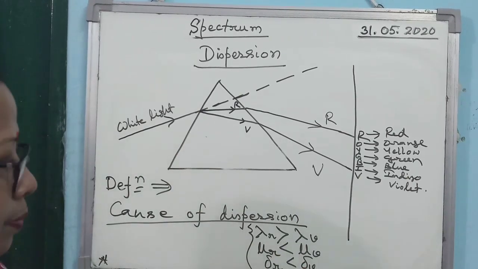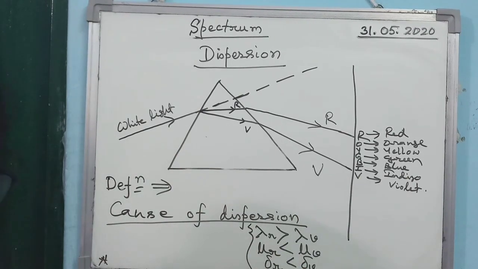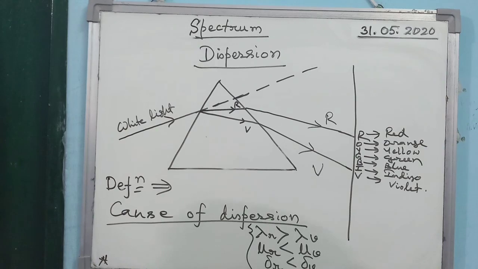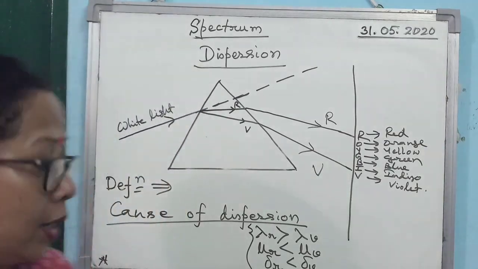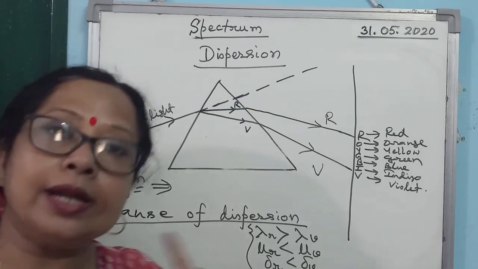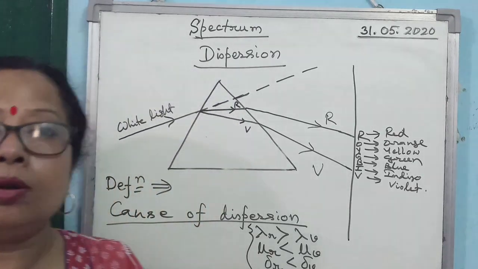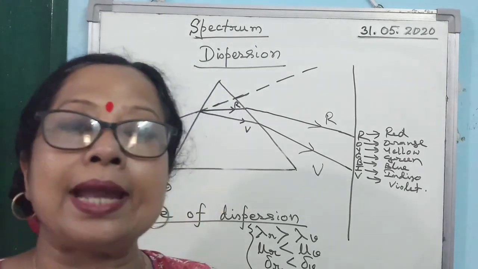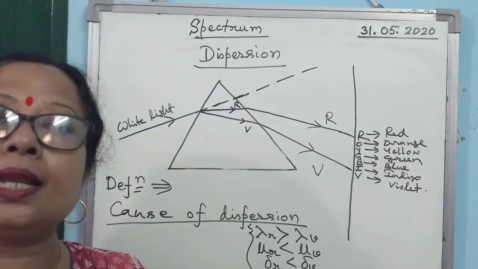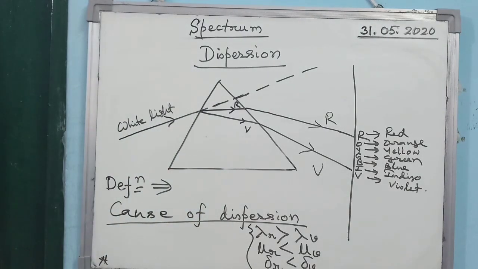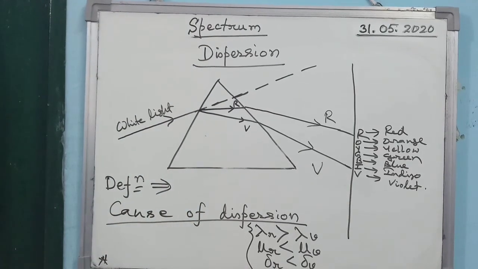For the cause of dispersion, after writing these three, write down two more sentences that I said verbally, I have not written, but you must write it in the copy. The different colors suffer different amounts of deviation while suffering refraction through the prism, and as a result all the colors get separated from each other. That is the cause of dispersion.